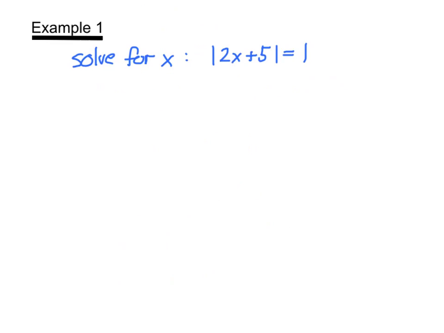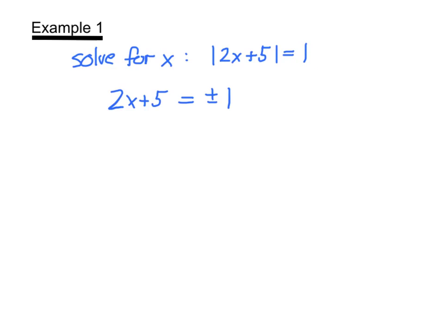In this example, we're asked to solve for x, and we're given the equation the modulus of 2x plus 5 equals 1. So remember from the previous slide that whatever's inside the modulus, which in this case is 2x plus 5, has to equal the positive or negative of whatever's on the right-hand side of the equation.